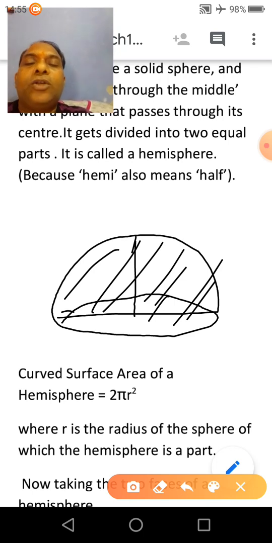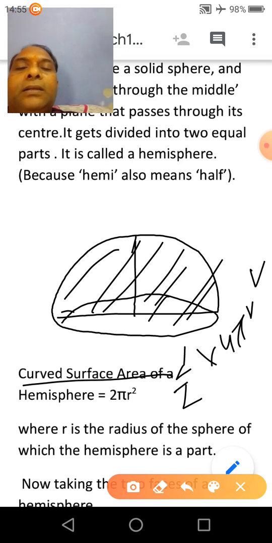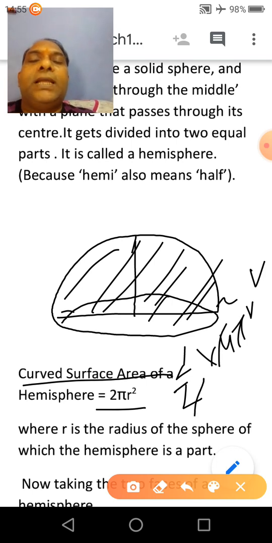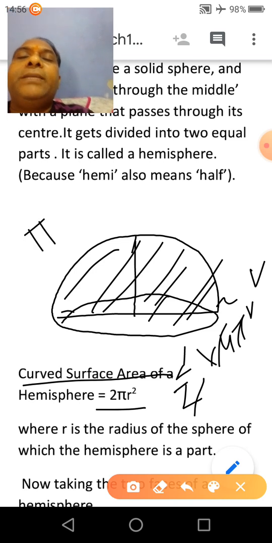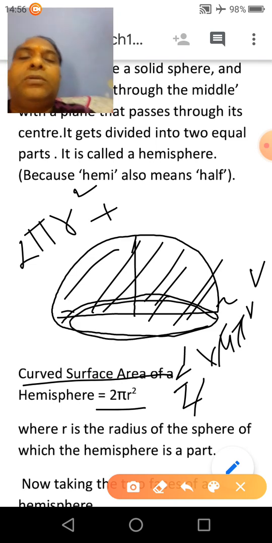So curved surface area of hemisphere. Curved surface of hemisphere is half of surface area of sphere, means half of 4 pi R square. It will be equal to 2 pi R square, because 2 2 are 4, cancel out, so 2 pi R square. So curved surface area of hemisphere is equal to 2 pi R square. And total surface area of hemisphere will be, curved surface area of hemisphere means 2 pi R square plus area of the circle also, pi R square.